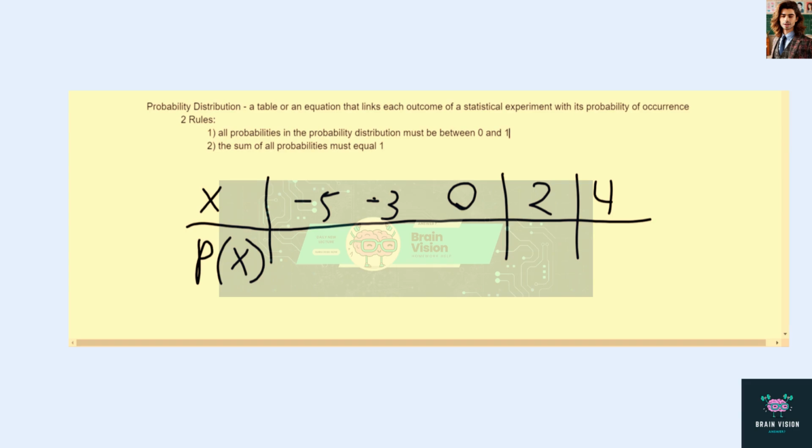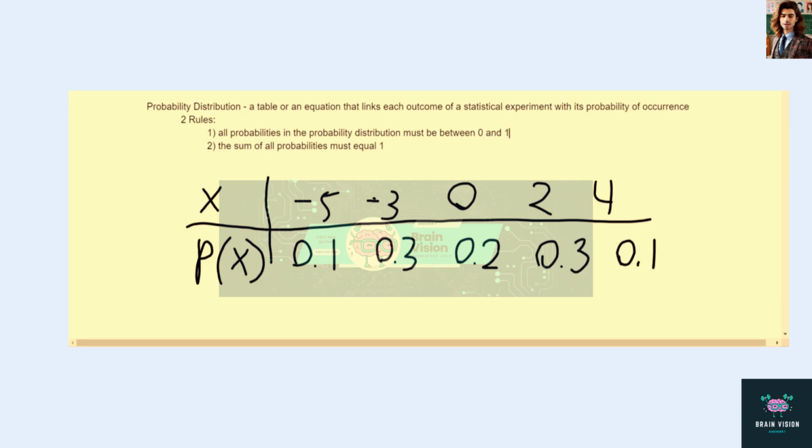Sorry, we don't need those lines there. My mistake. And our probabilities are 0.1, 0.3, 0.2, 0.3, and 0.1.